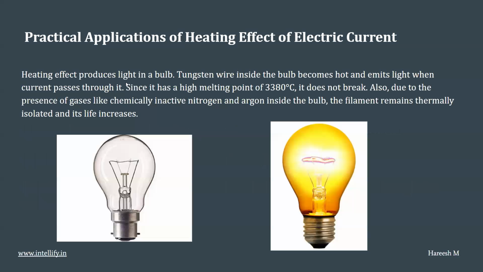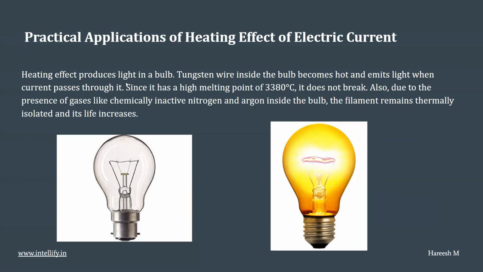Now, what are the practical applications of heating effect of electric current? As I said, the energy of the battery is used up by the resistor to dissipate it in the form of heat. Take the example of a bulb. In a bulb there is a tungsten wire inside it, and when this wire becomes hot, it emits light.